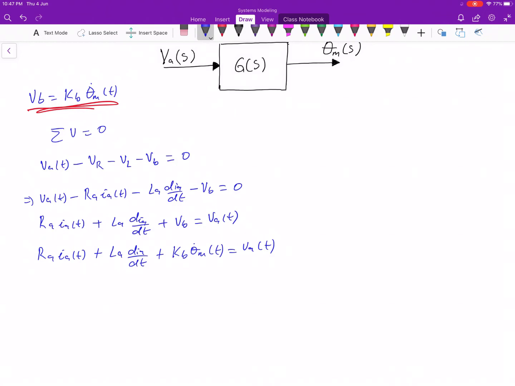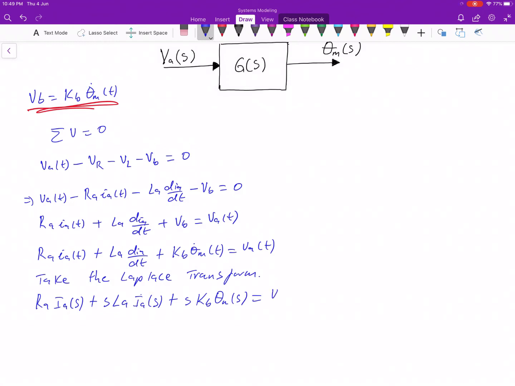From there we can take the Laplace transform. Taking the Laplace transform of this equation, we are going to have RA IA(s) plus s LA IA(s) plus s KB theta m(s) is equal to VA(s).